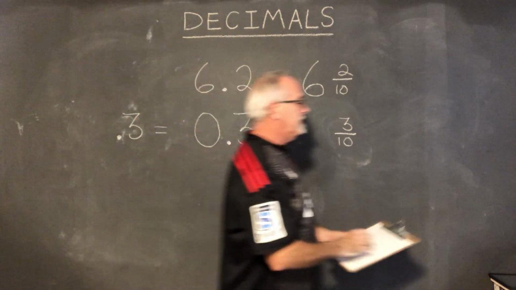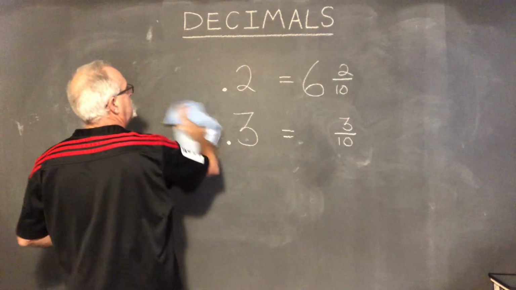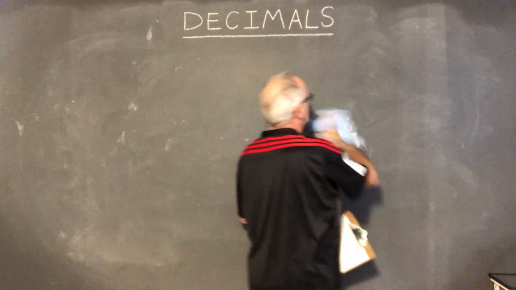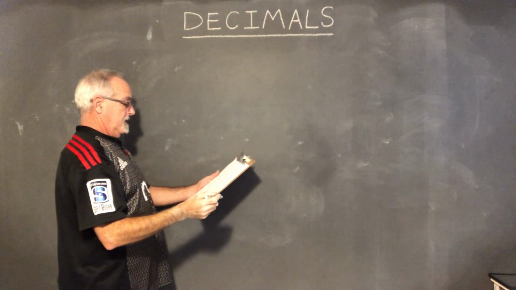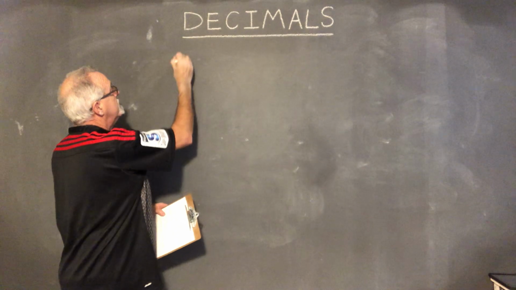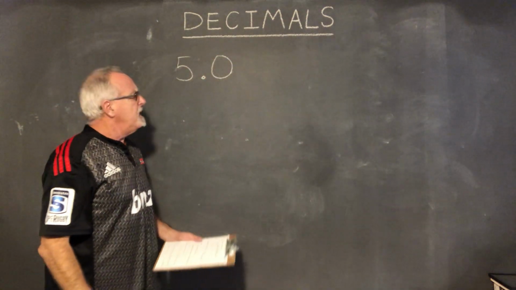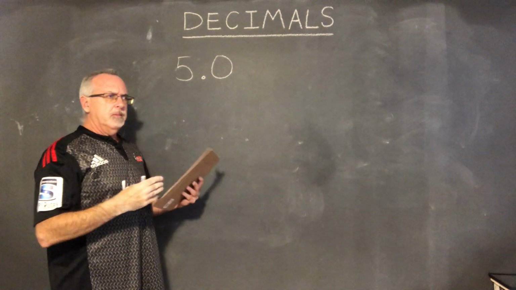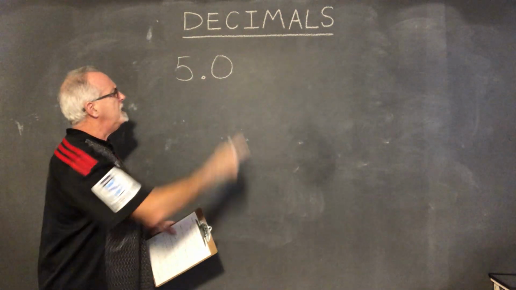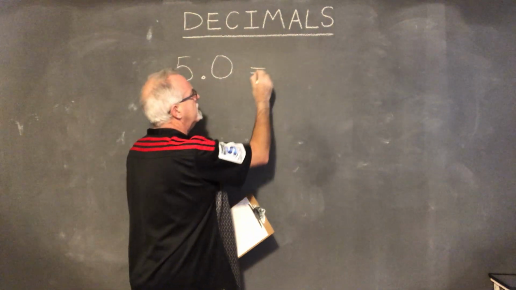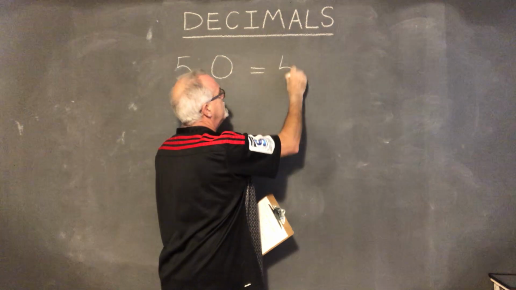But how about if there's a 0 in the other position? So let's do one of those. Okay, 5.0. So this is a little bit of a weird one, but that's what you do. You do some basic, straightforward ones, and then you say, what if this, what if that? So what if there's a 0 here? When I want to convert it into a fraction, well, my big number is a 5.